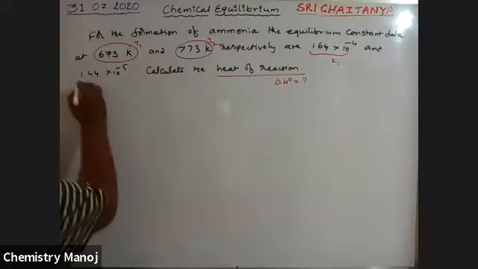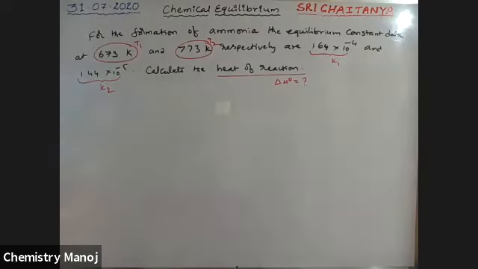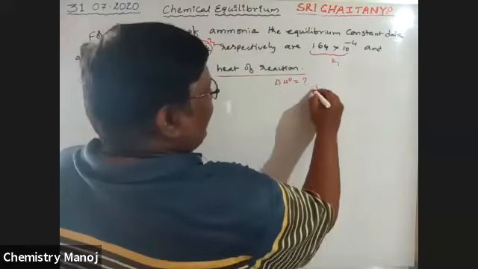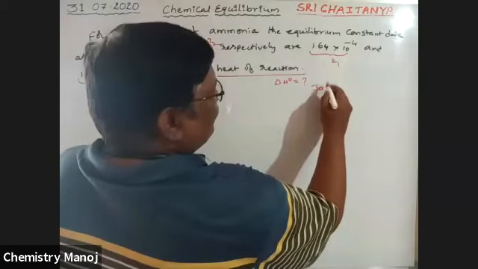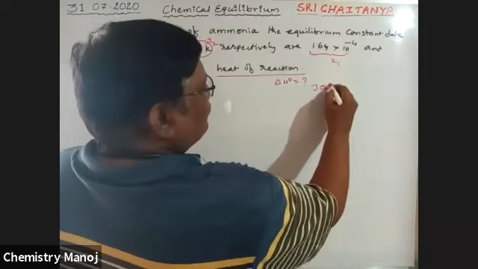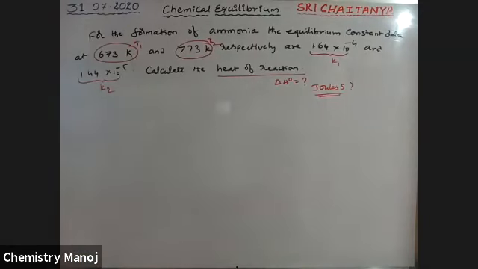K1, K2 values are given to you, and T1, T2 values are given to you. He wants to find out the heat of reaction in joules.